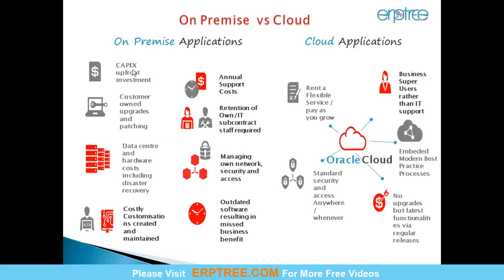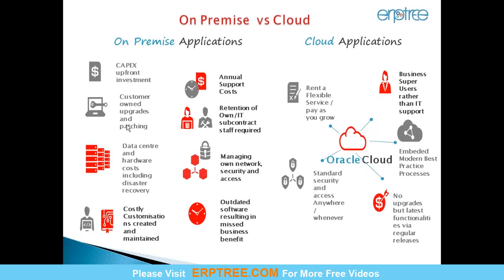Okay, let's compare and talk on this. So capex upfront investment: in case of on-premise, every client has to buy the server infrastructure, and for that they have to invest a lot. If they go with cloud applications, they don't need to invest anything for server infrastructure; they can take it on a rental basis, a flexible service, pay as you grow.